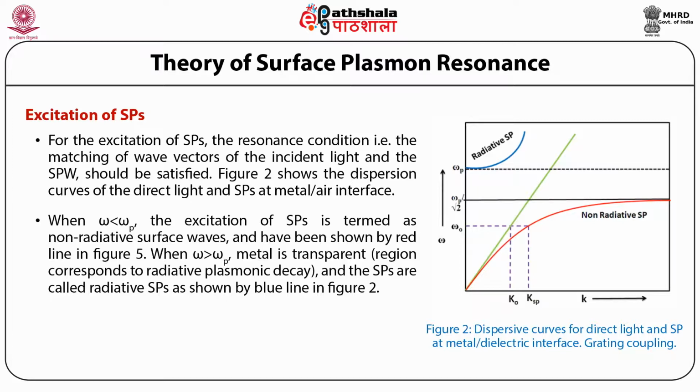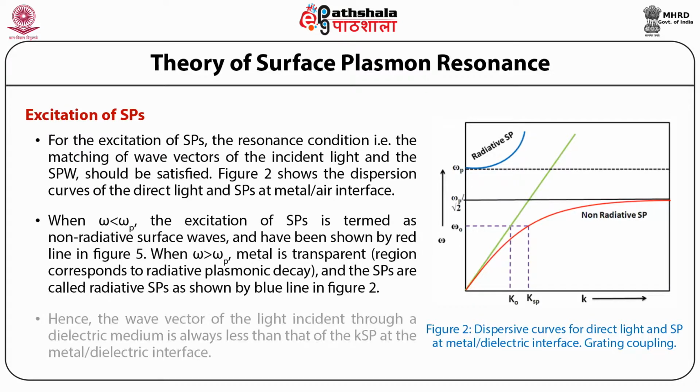For a given omega, the wave vector of surface plasmons is always higher than the wave vector k0 of light in vacuum. Hence, the wave vector of the light incident through a dielectric medium is always less than that of the KSP at the metal-dielectric interface.